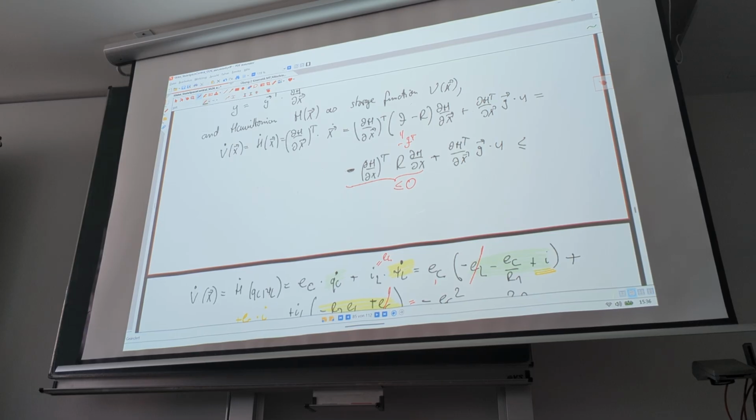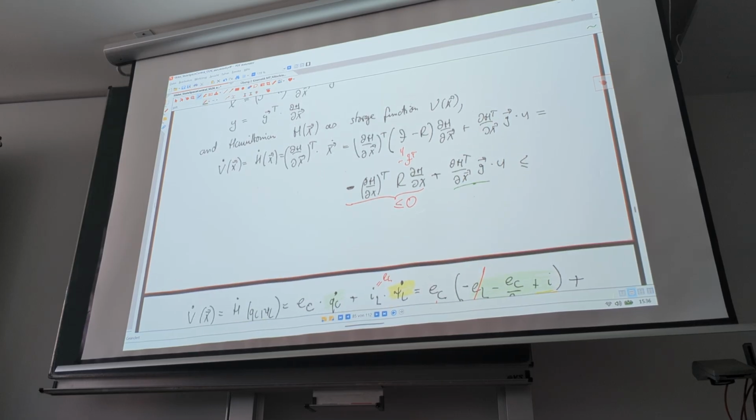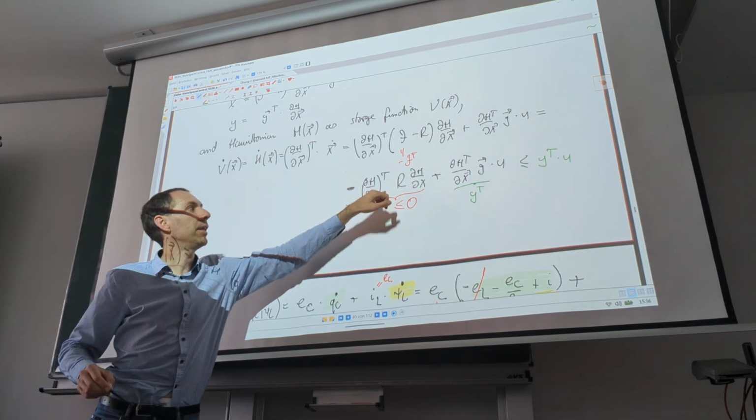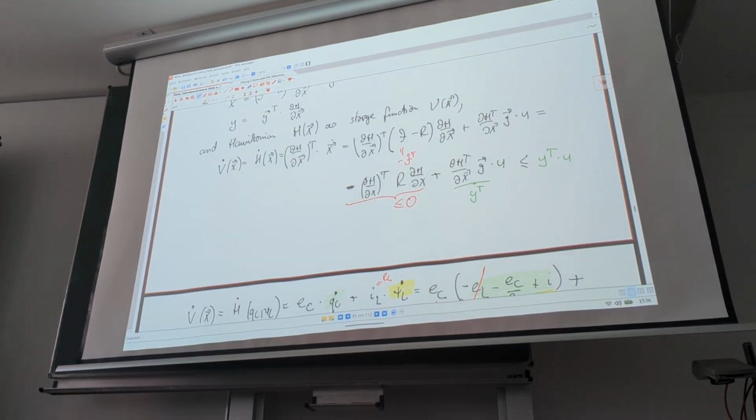And this here is, if you check, nothing but y transpose, right? So this is less or equal than y transpose, and the lesser or equal just comes from R being only positive semi-definite.